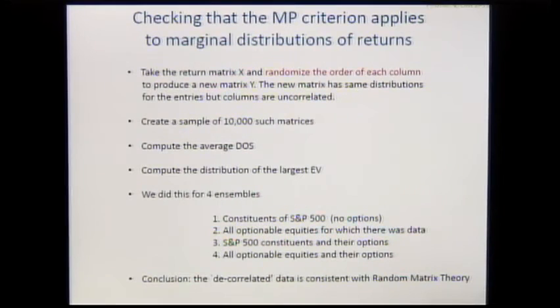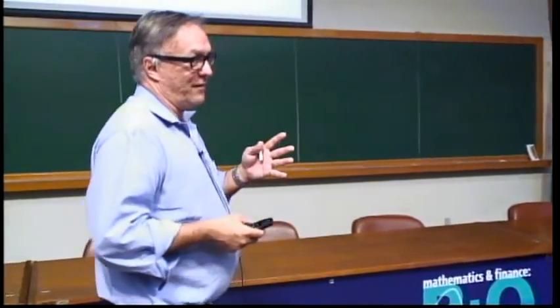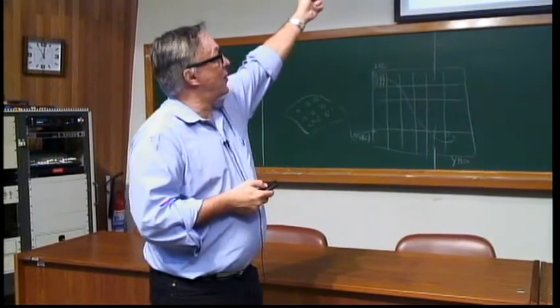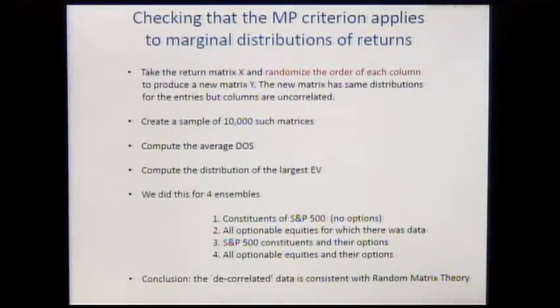So if you're given data and you ask, is this data in the universality class of Marchenko-Pastur? I'm not sure. So let me randomize the columns, standardize so everything is variance 1, and then I can create an ensemble of 10,000 such matrices, for example, compute the average loss, compute the distribution of the largest eigenvalue, and do it for a bunch of things.